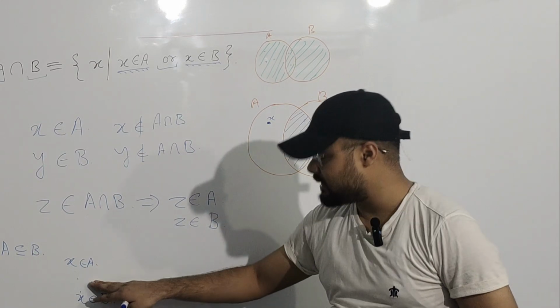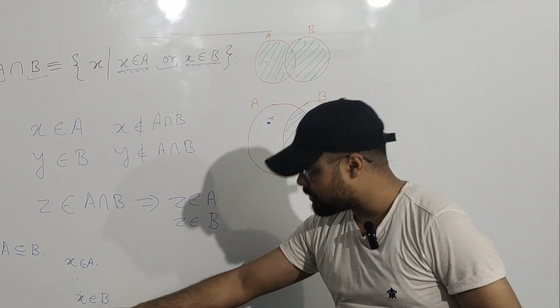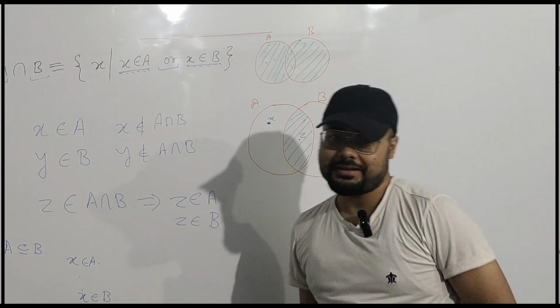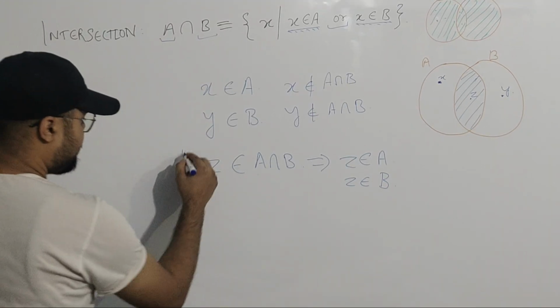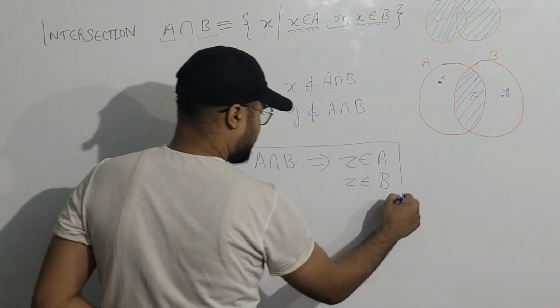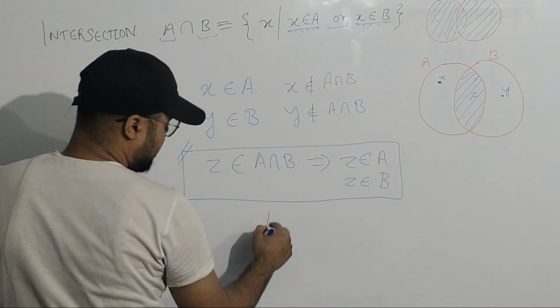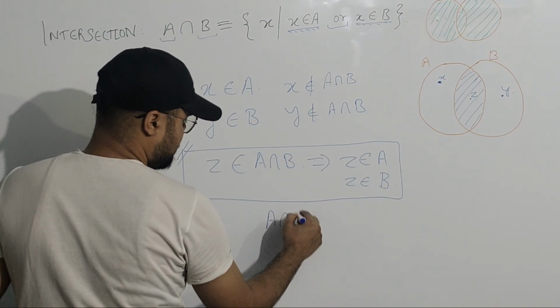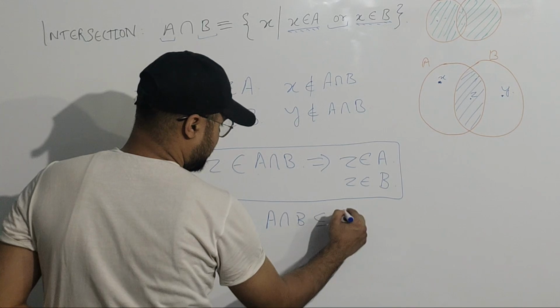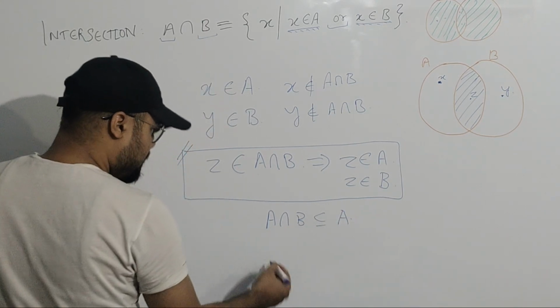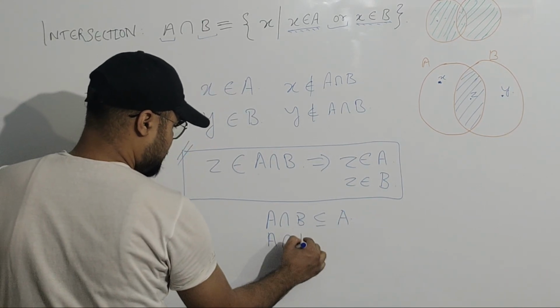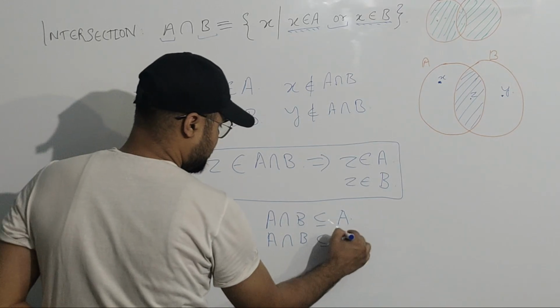So what we can say from this is that A intersection B is a subset of A and A intersection B is a subset of B.